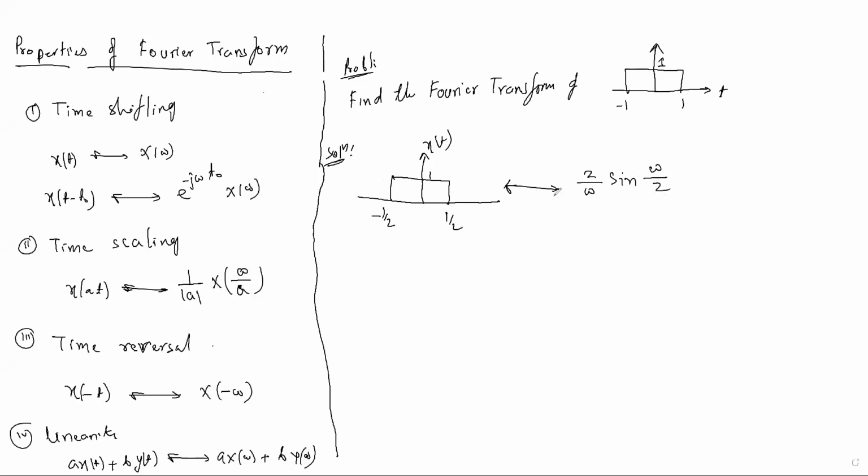So if you compare these two signals, the problem that has been given and this rectangular signal, what is the relation of this signal? Can anybody say? The relation is that the signal is expanded. Expanded by how many factor?